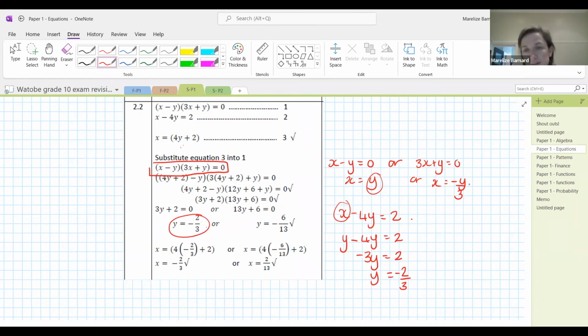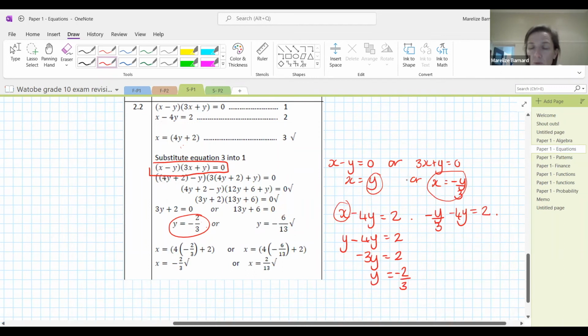Then you'll do the same for the other answer, where x is negative y over 3: negative y over 3 minus 4y is equal to 2.